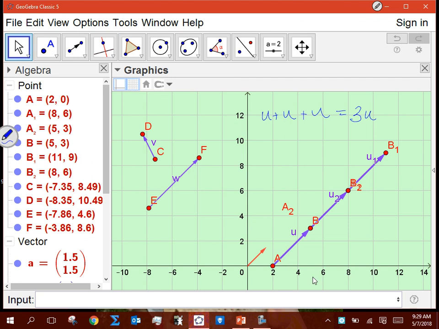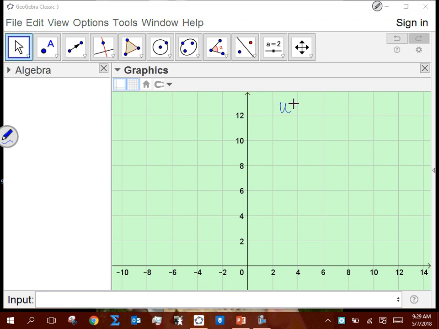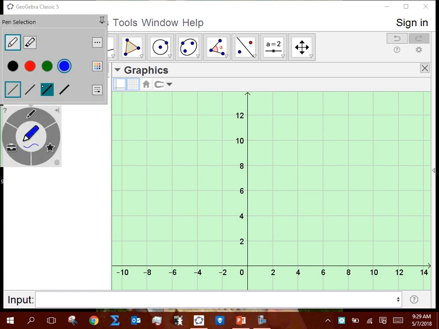One thing we have not talked about is vector subtraction. Let's go u minus v. In order to apply this and to do vector subtraction, we need to understand what the definition of subtraction is.